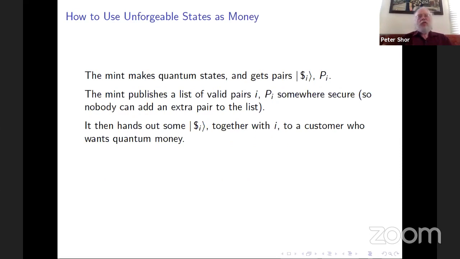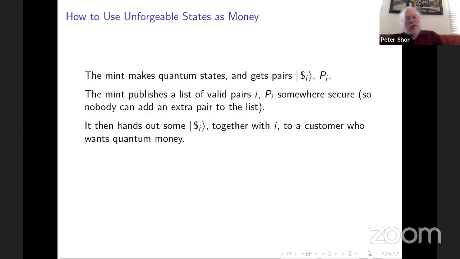So how do you use unforgeable states as money? Well, the mint makes quantum states, and it gets pairs of money and serial number. Then it publishes somewhere, which cannot be tampered with, this list of valid serial numbers of the money, together with the protocol for verifying each serial number, which in this case is very easy to compute given the serial number.